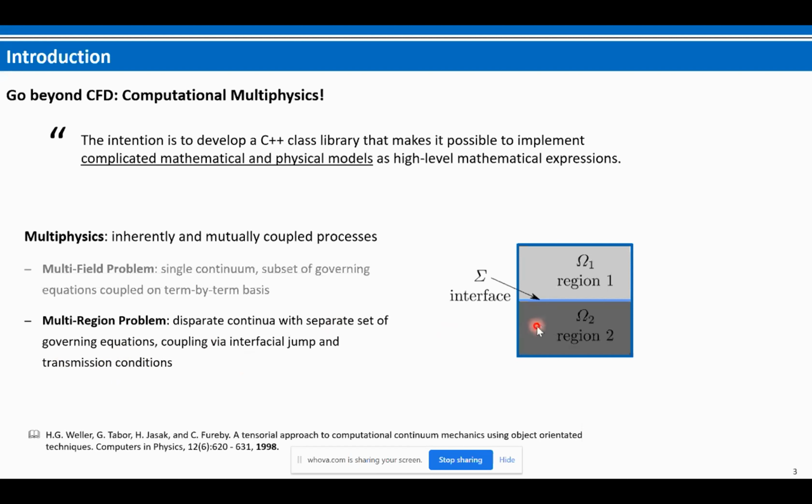We have separated, or disparate, continua, as you see in this figure. We have two regions, for example, could be more, and each region has a set of governing equations, and the coupling is accomplished at the interface sigma via jump and transmission conditions.